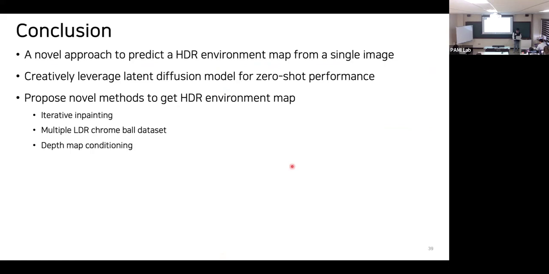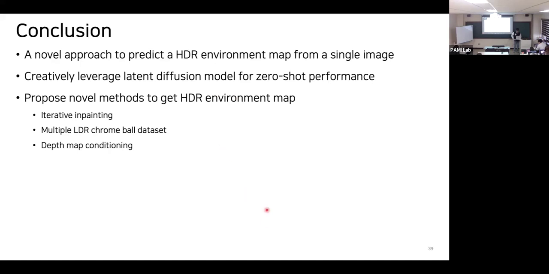So as a conclusion, we propose a novel approach to predict HDR environment from a single image. And they creatively use latent diffusion model to achieve generation performance. And they propose three novel methods to get HDR environment back.